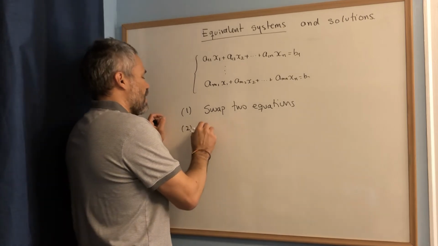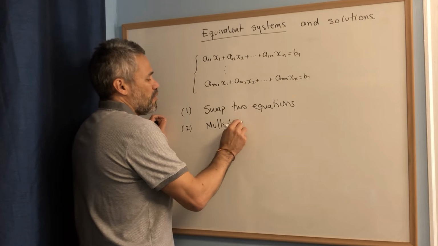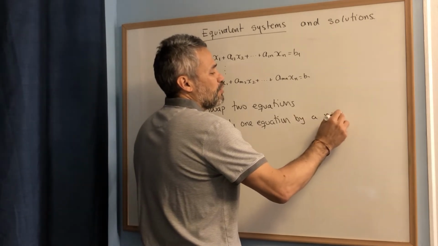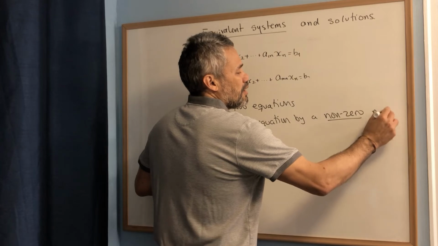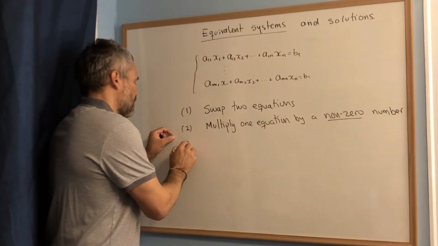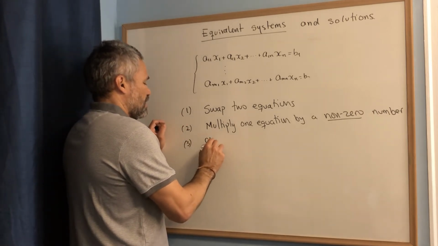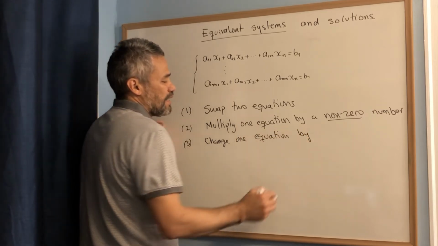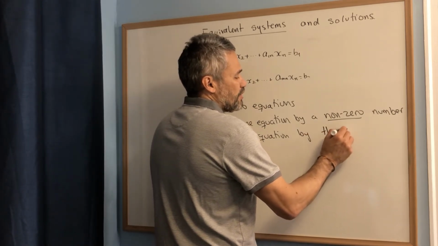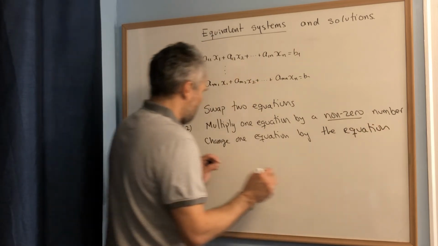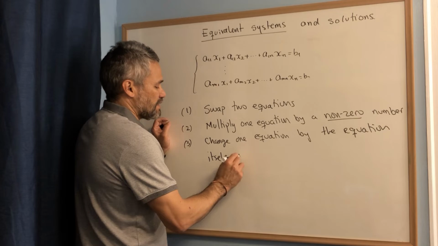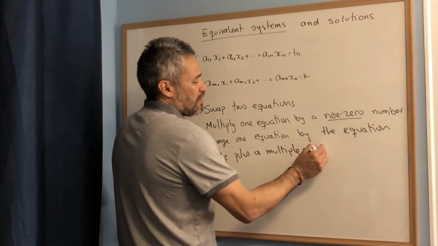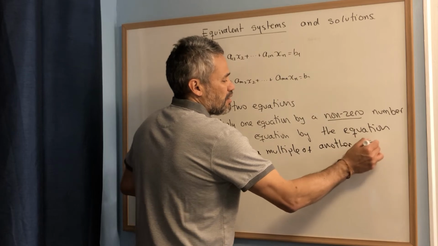We can multiply one equation by a non-zero number, and the other thing is we can change one equation by the equation itself plus a multiple of another equation.